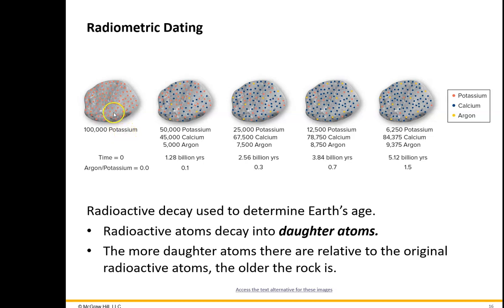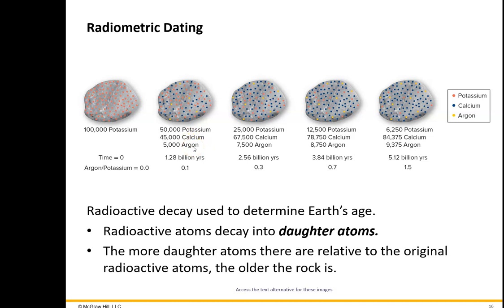So one half life goes by, and half of the potassium atoms have turned into what are called daughter atoms. Daughter atoms are what the radioactive substance turns into. In this case, the potassium 40 becomes calcium and argon.